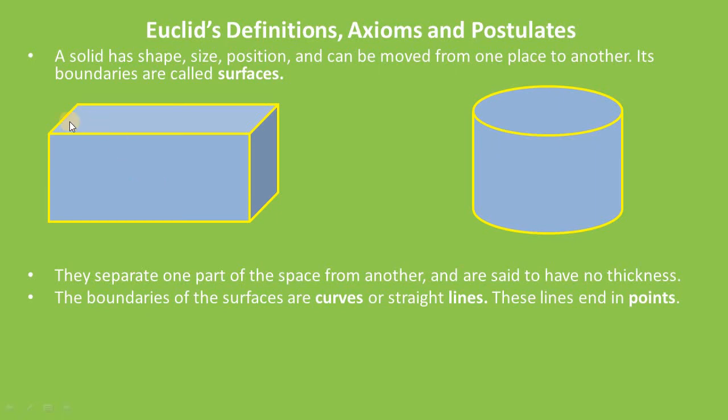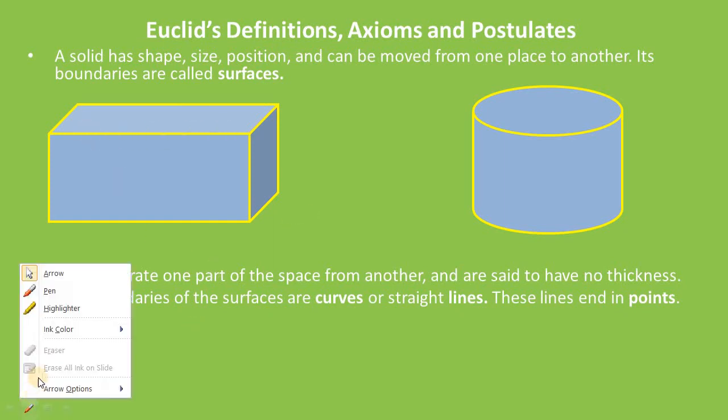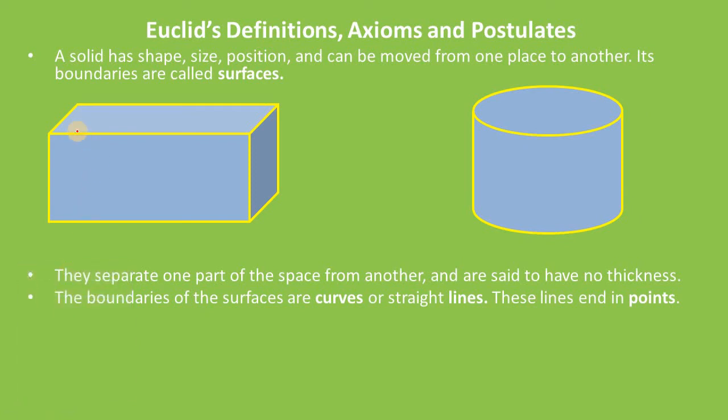These lines end in points. Let us take a pen. So this is the line, and this is the line. These two lines meeting at a common point form an edge.